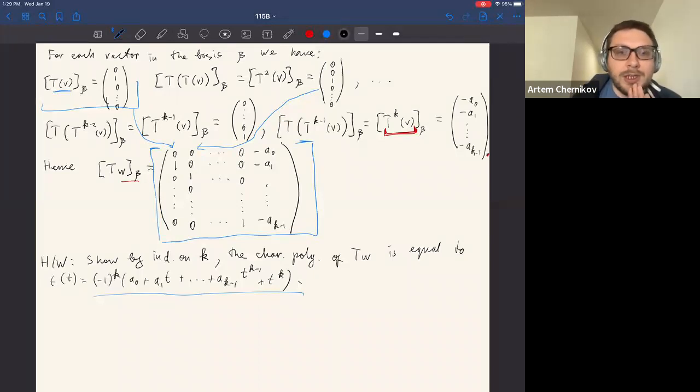Okay. So this was the point. I think the first important step is to obtain this form of the matrix. So to understand that the matrix looks like this, and after this is just an additional computational argument by induction on k for showing that for such a matrix, the characteristic polynomial has this form. Okay, so this would establish the rest of the theorem.